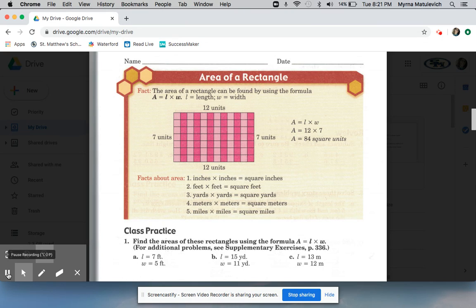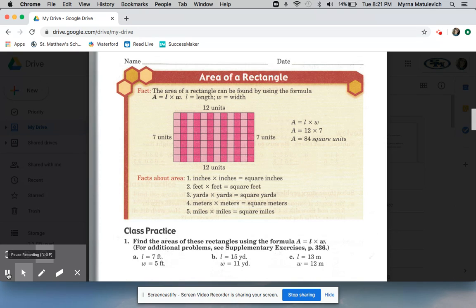So look at facts about area in your yellow box. You have inches times inches equals square inches. Feet times feet equals square feet, which makes sense because any factor multiplied times itself gives you the square of that factor. The product will be that factor multiplied by itself. For example, 8 times 8 equals 64.